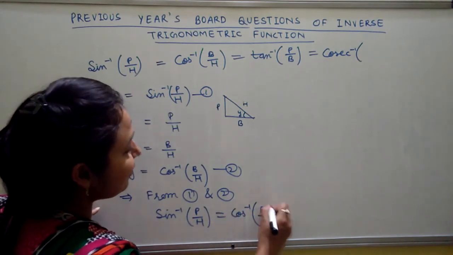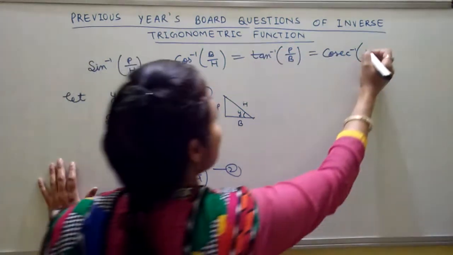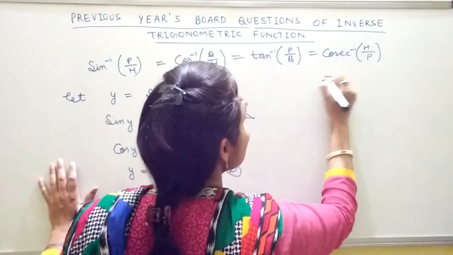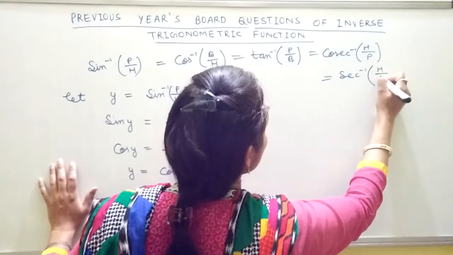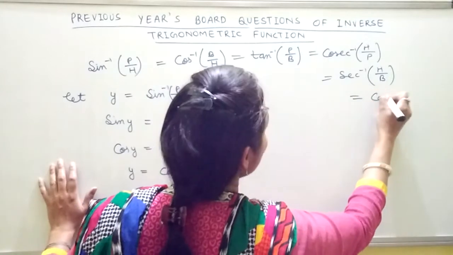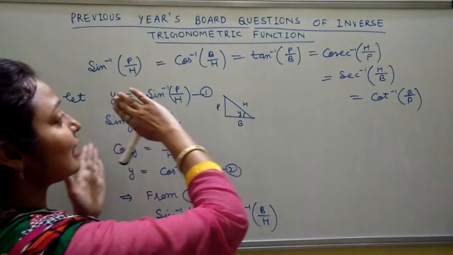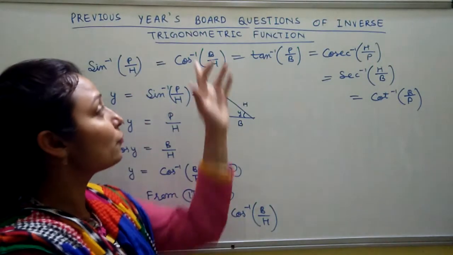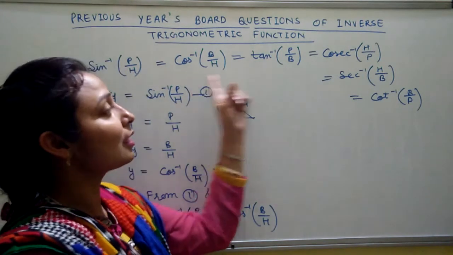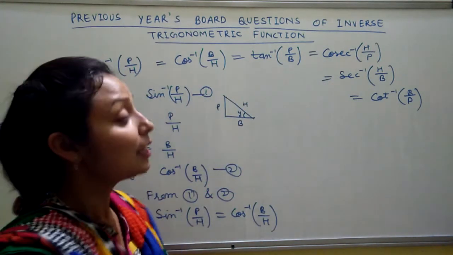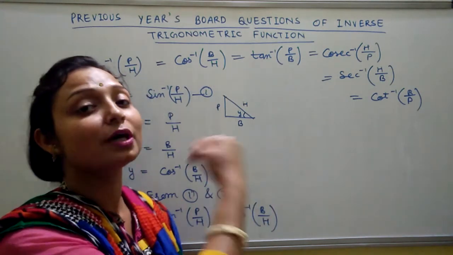Similarly, cosec inverse h upon p is equal to sec inverse h upon b, which equals cot inverse b upon p. So similarly, we can change any inverse trigonometric function into another inverse trigonometric function, like trigonometric functions. This is the way to convert one into another.